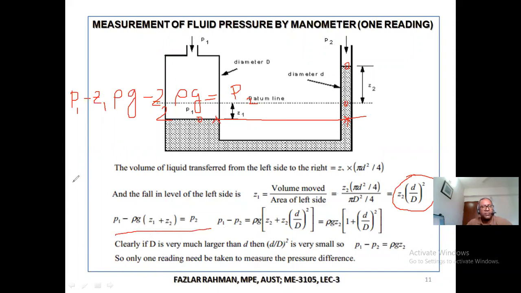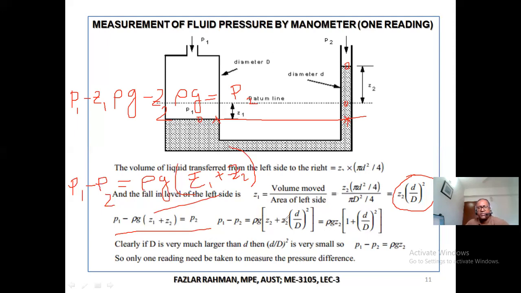So from here, if you figure out P1 minus P2, this will be rho G Z1 plus Z2, right? This will be our equation.